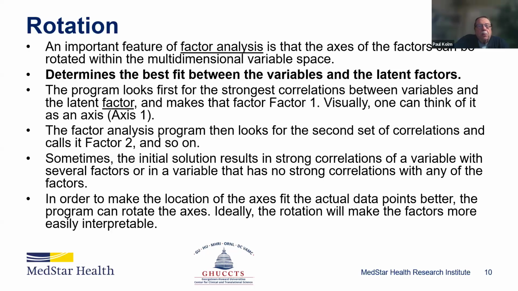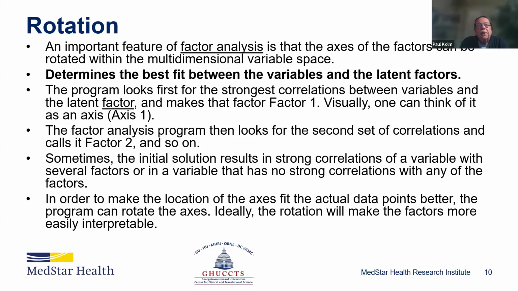And so that's why we do the rotation, because we want to make the actual data points fit the model better. The rotation will potentially make the factors more easily interpretable, although that's not always the case.